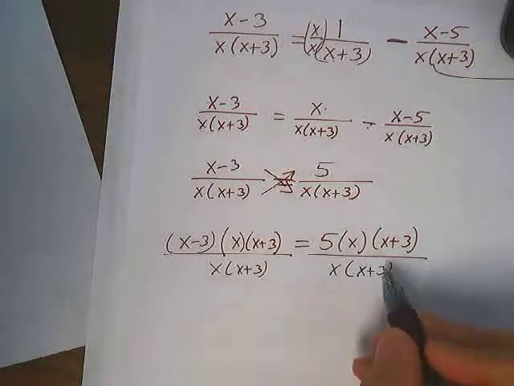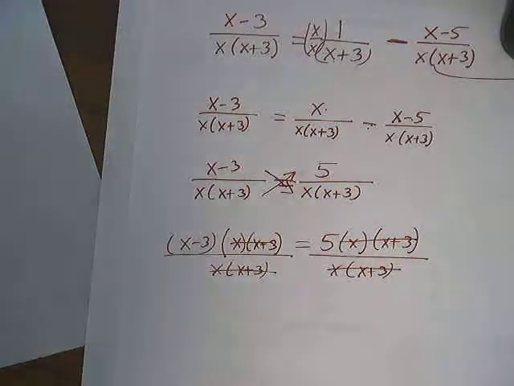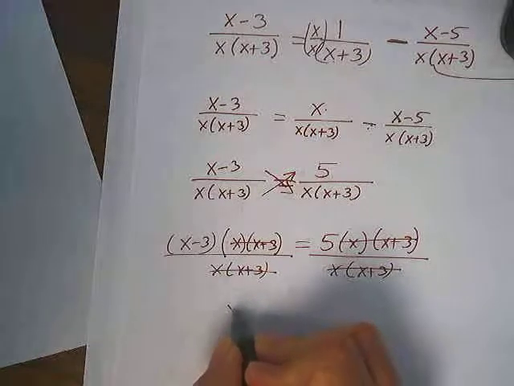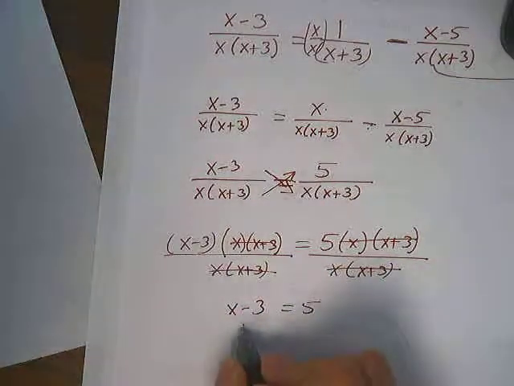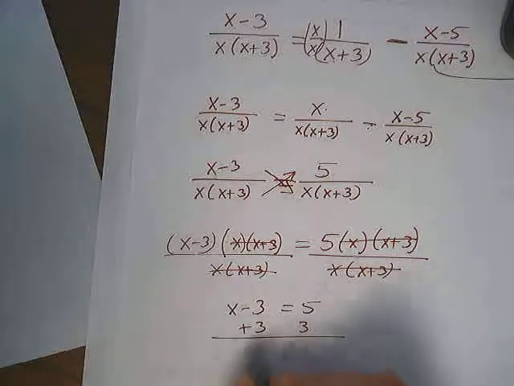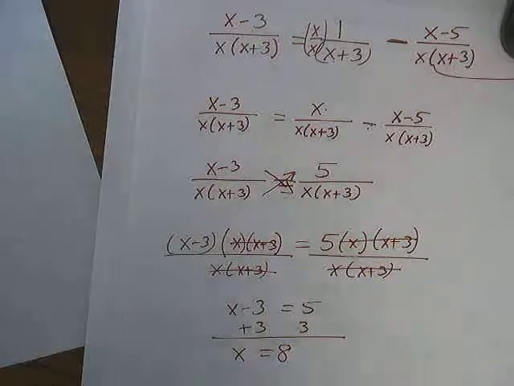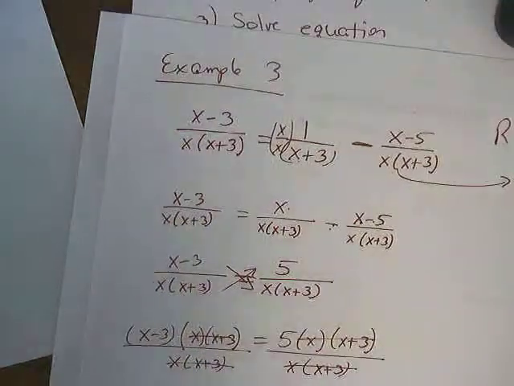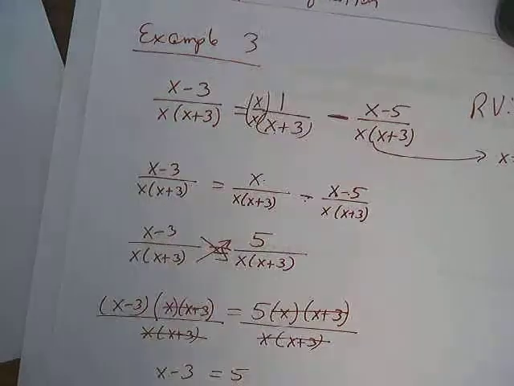So we're left with x minus 3 equals 5. Add 3 to both sides. x equals 8. Very nice. Is that one of my restricted values? Nope. There we go. Our solution to this problem is 8. And we could plug that back into the original equation to check it.